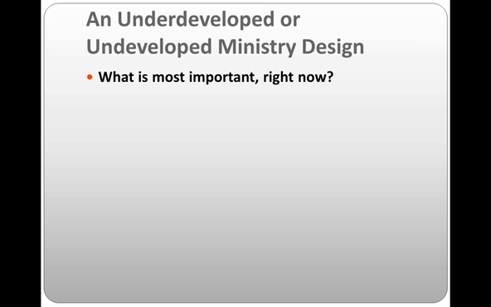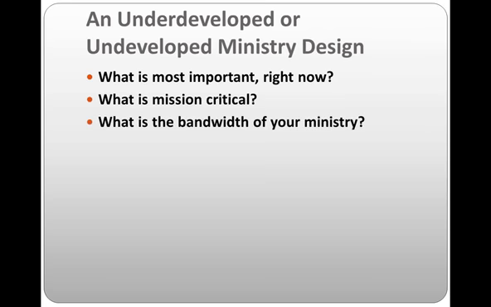As you begin this process, what is most important right now? What is mission critical? What is the bandwidth of your ministry? By that I mean your capabilities and your capacity. Let me explain that to you. If I have the capability to juggle 2 tennis balls at the same time, I can do that.